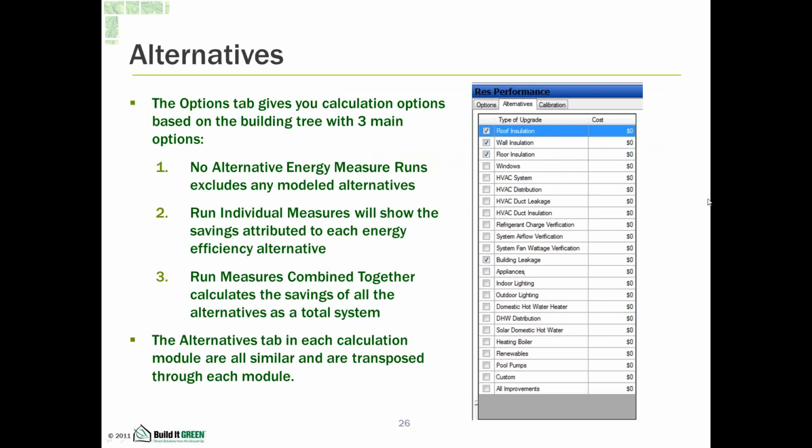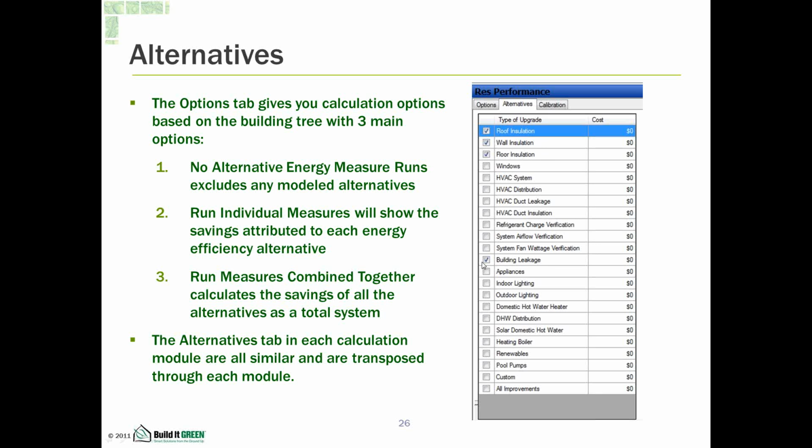The alternatives tab is where we will put in information on the improvements. If we're doing a res performance or a Greenpoint rated project for an existing building, we're going to have our baseline building tree already modeled, and the alternatives is where we'll put in all our upgrades or improvements.